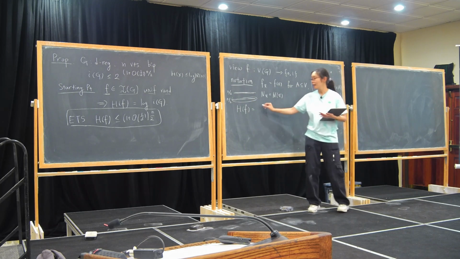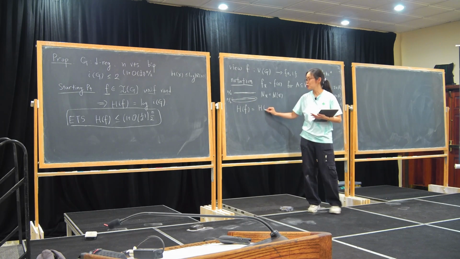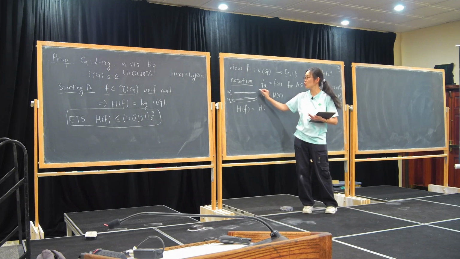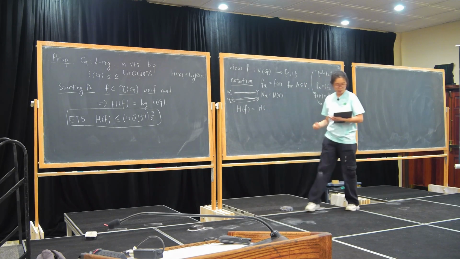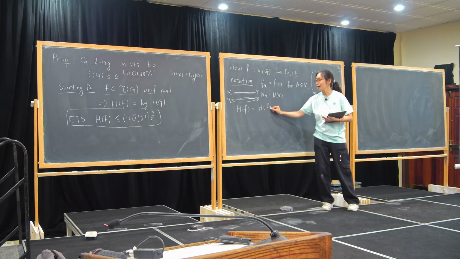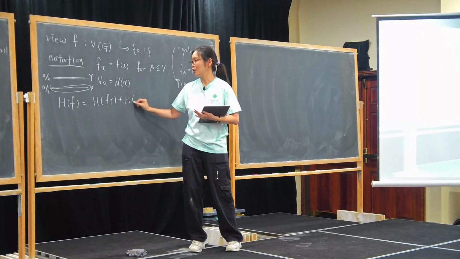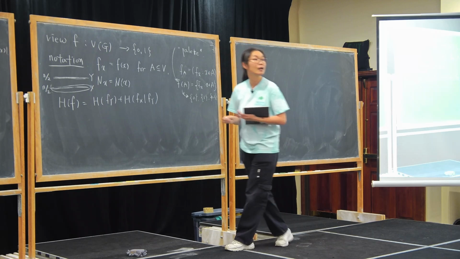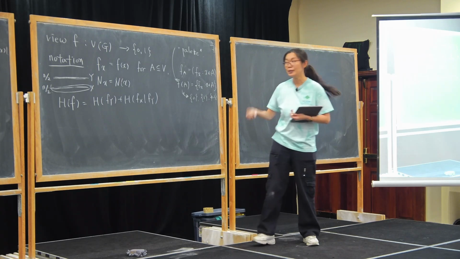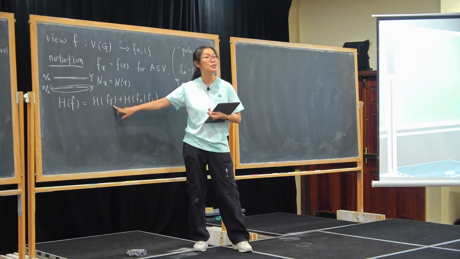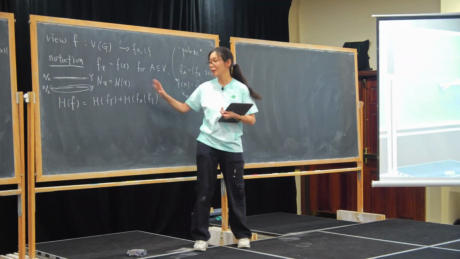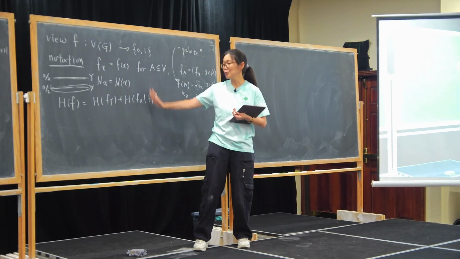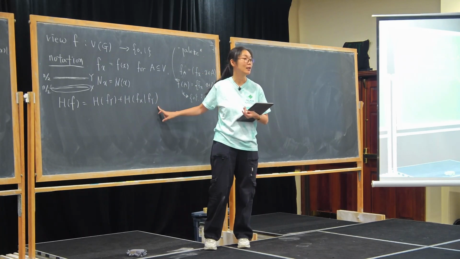So that means this can be written as entropy of, let me write, this is y and this is x. This is H of f sub y plus entropy of f sub x given f sub y. So this means we reveal the colors of y first, and then we look at the colors of x, given we already know the colors of y.